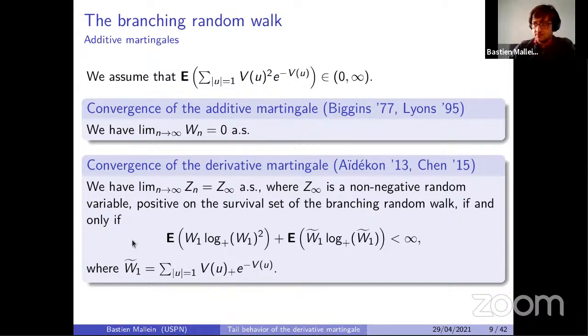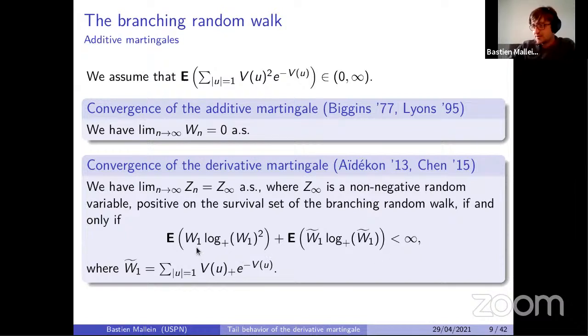So while it is a signed martingale, it converges almost surely to a non-degenerate random variable that is positive on the domain of interest of the process. And Chen in 2015 showed that the integrability condition given by Aidekon was in fact necessary and sufficient.